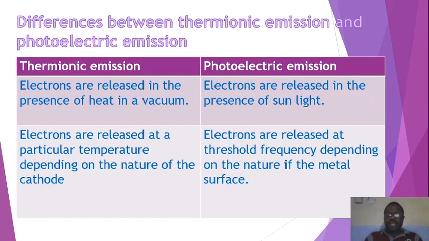While in photoelectric emission, electrons are released at threshold frequency depending on the nature of the metallic surface. So these are the differences between thermionic emission and photoelectric emission.